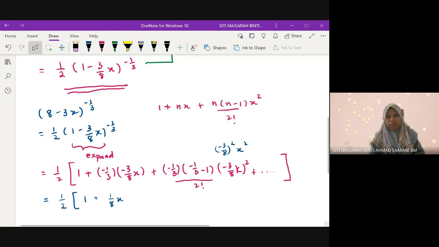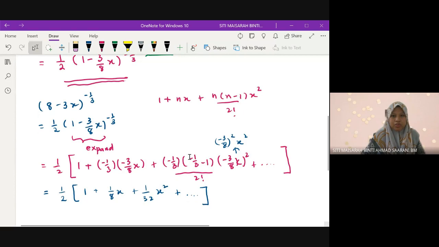Macam tu. Untuk yang ni, bila kira negatif 1/3 multiply negatif 1/3 minus 1 multiply negatif 3/8 square over 2 factorial, so then kat sini dia akan dapat plus 1/32 x square plus dot dot dot.